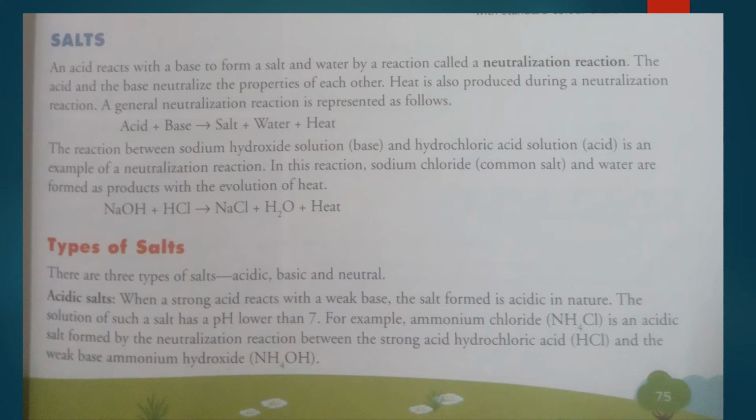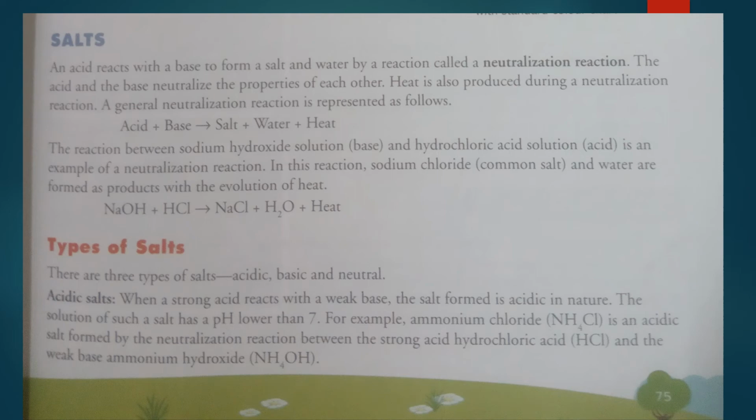So remember, when a strong acid reacts with a weak base, the salt produced is always acidic. The solution of such a salt has a pH lower than 7 because it is acidic in nature. Any acid has a pH value always lower than 7.